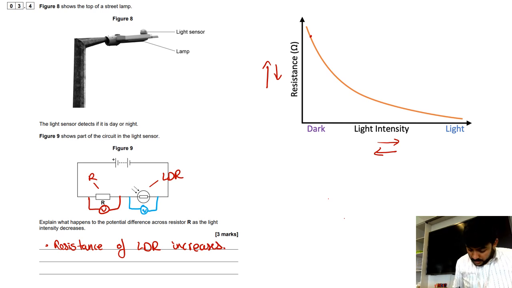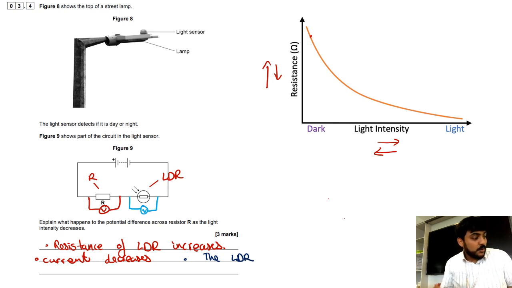So in one way you can say current decreases, or you could say the LDR has a greater share of the potential difference.